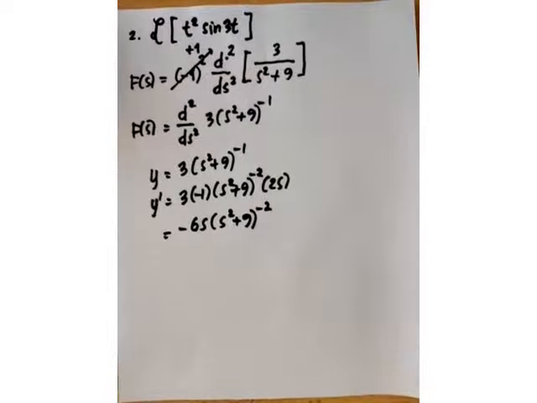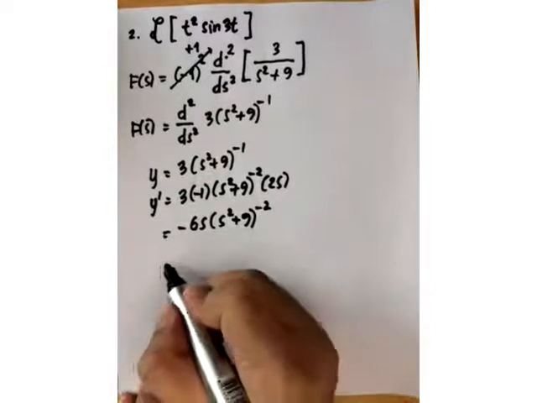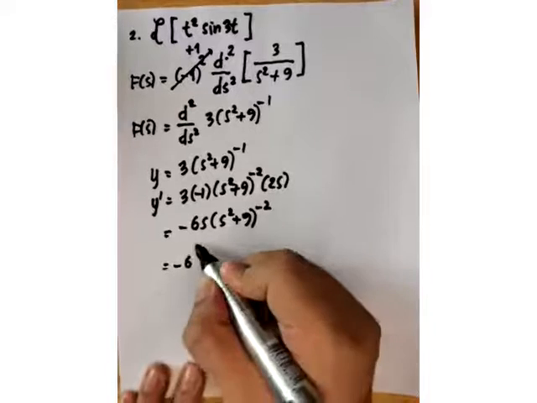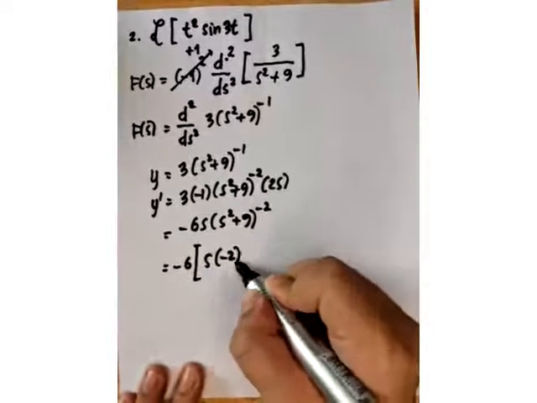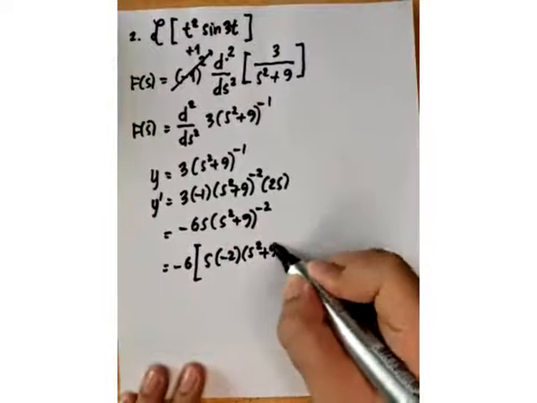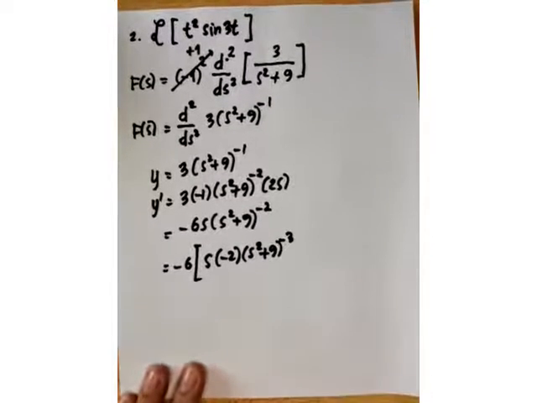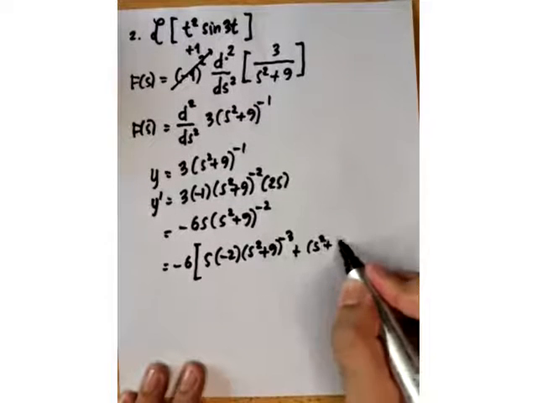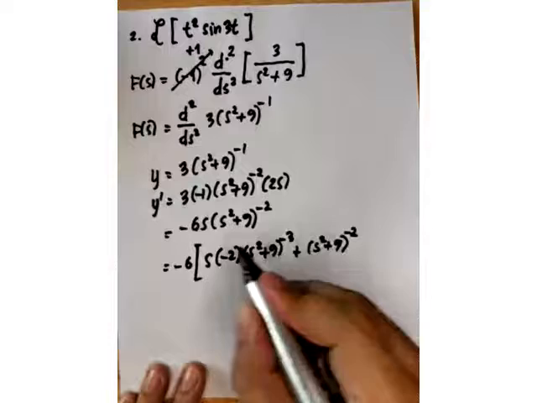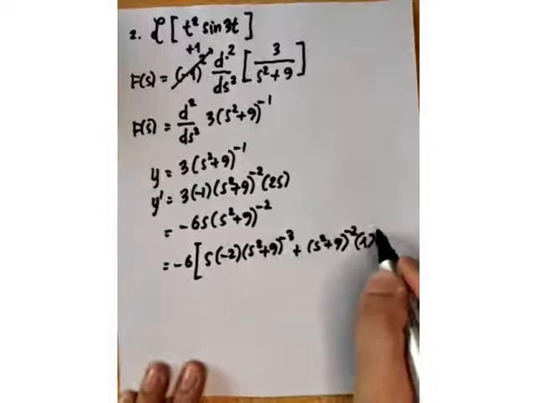Okay, so mag-product rule ako. So, ilalabas ko na yung negative 6. So, pa-product rule ako. So, that's s times negative 2 s squared plus 9 raised to negative 3 plus s squared plus 9 raised to negative 2. Derivative ng s is 1.